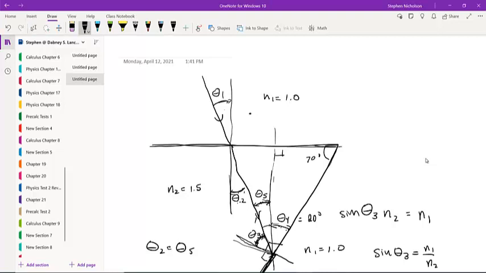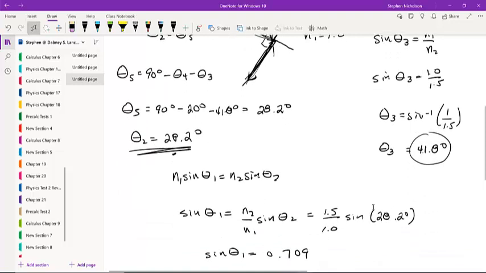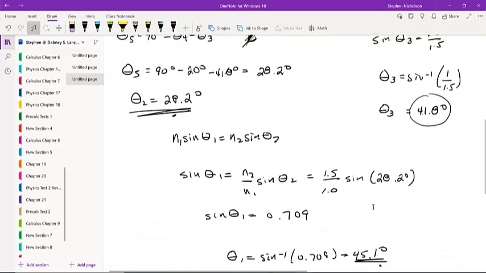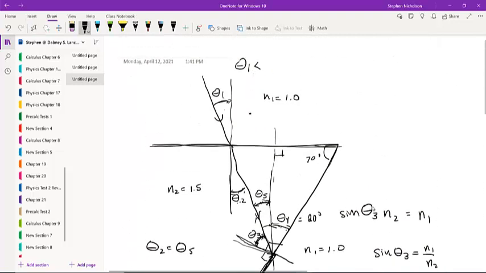So actually, if theta 1 is less than this critical angle we just came up with, 41.5 degrees, then we get internal reflection. These angles are actually the ones that are going to go out. The low angle ones are going to go out, but the straighter ones are the ones that are going to go in and reflect internally.